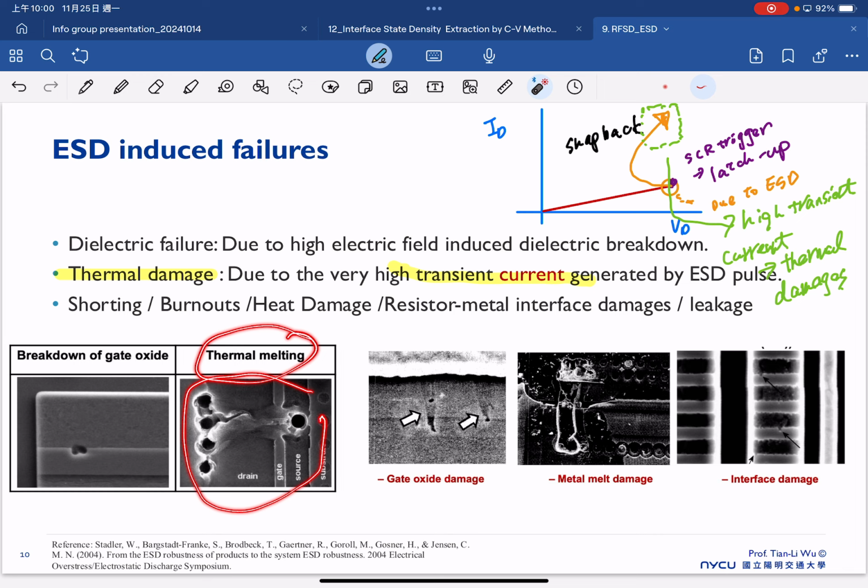This is the metal pad in the drain and source, and this is the thermal damage in the metal pad. It's kind of like melting.